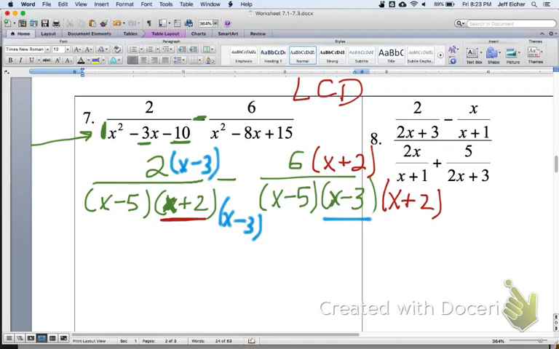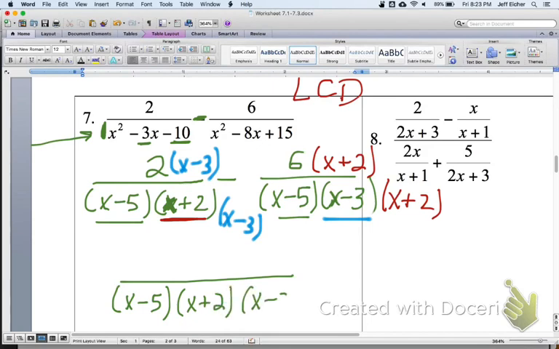And they both already have x minus 5, so we don't need any more. They're already identical in that way. So our lowest common denominator then is x minus 5, x plus 2, and x minus 3. Those are the common factors.